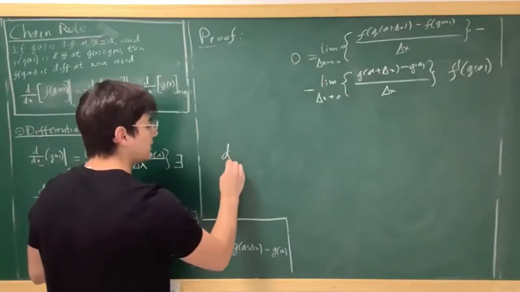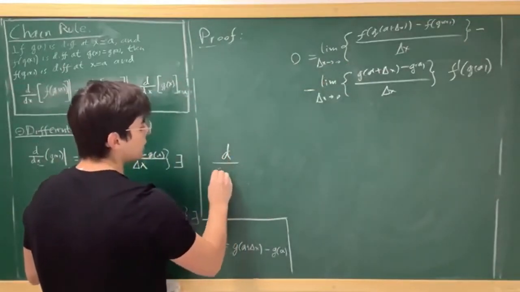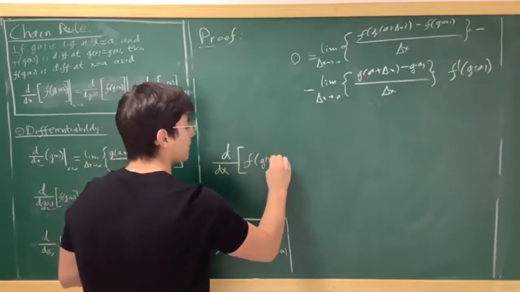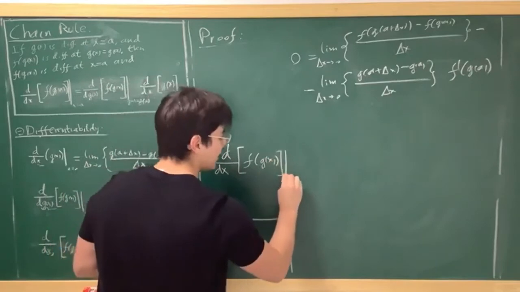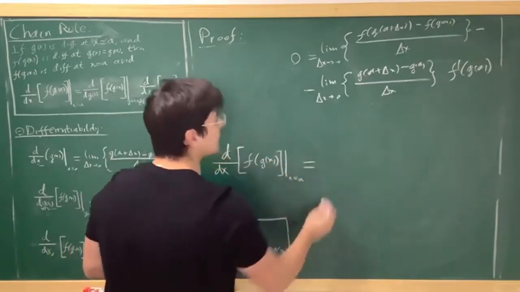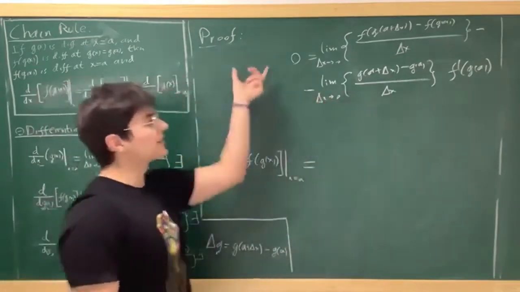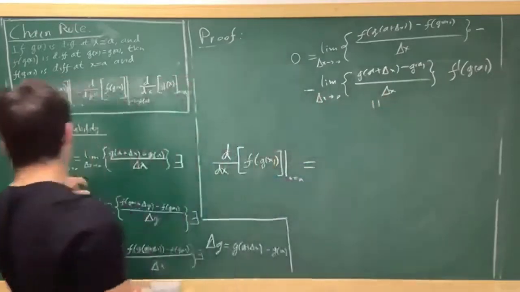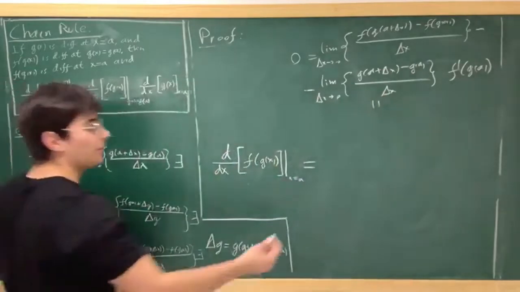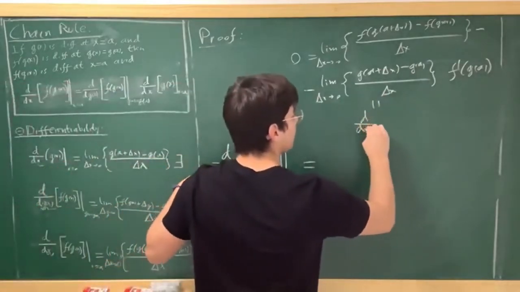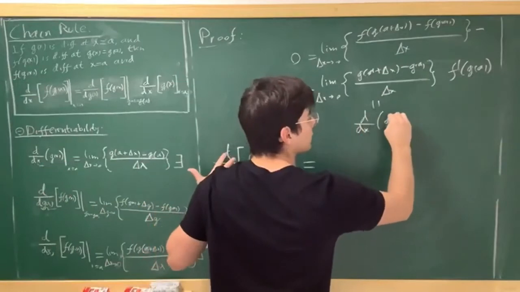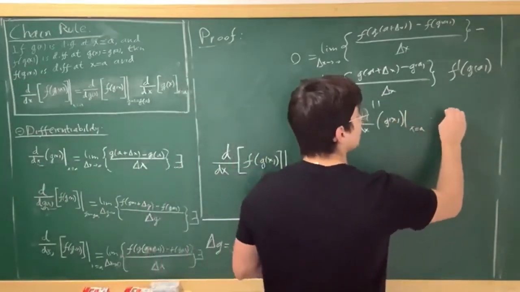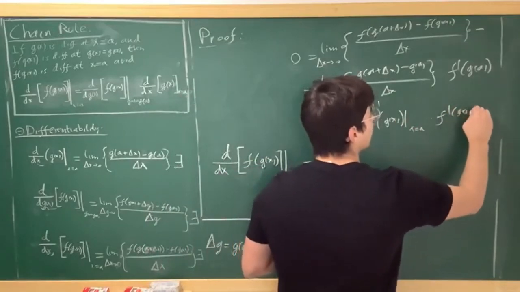So we have that the derivative with respect to x of f of g of x evaluated at x equals a is equal to, well, if we take this to the other side, it is equal to this limit, but this limit is just, as we saw here, the derivative with respect to x of g of x, of course evaluated at the point in question, times f prime of g of a.